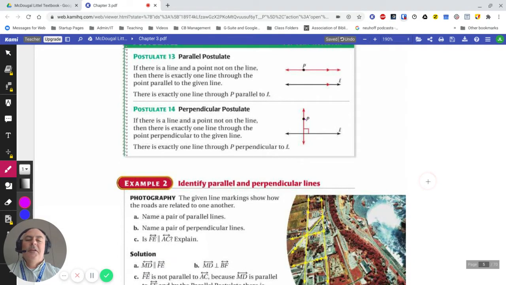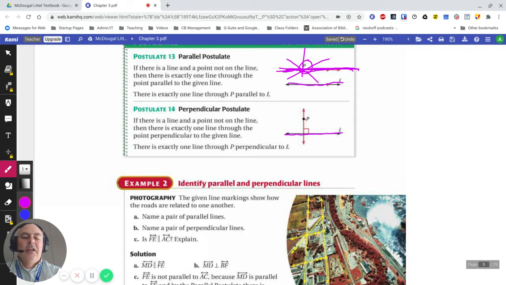Moving into my first couple of postulates in this chapter, if I have a line and a point that is not on the line, there is exactly one line through that point that's parallel. I can draw lots of other lines through the point, but only one of those lines is going to be parallel. The same thing is true for a perpendicular line.